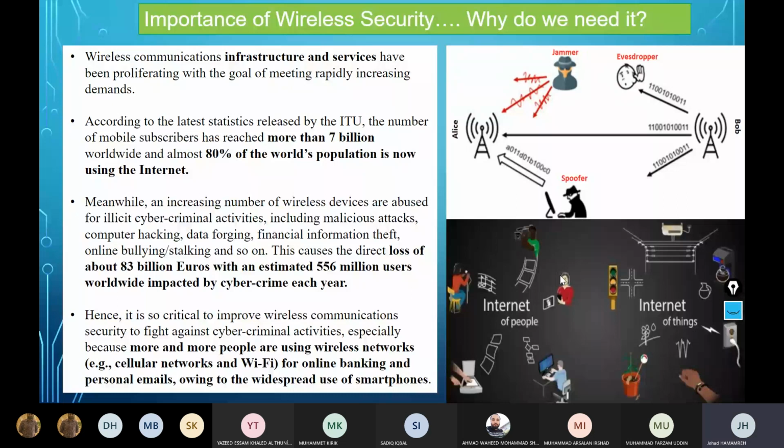Apart from their differences, wired and wireless networks also share some similarities. For example, both networks, whether wireless or wired, adopt the OSI layer protocol architecture. What's the OSI layer?